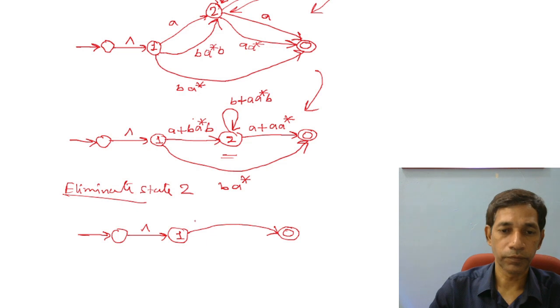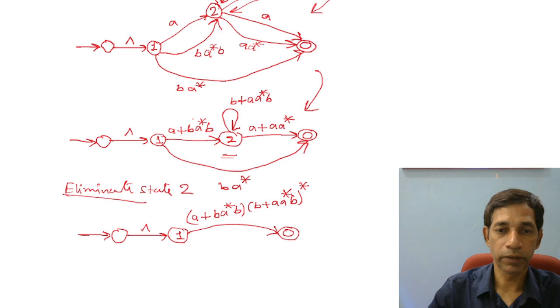What is the label? The label is A plus B A clean star B. You have to concatenate this with B plus A clean star B, and since this is the loop, you have to make the clean star again.